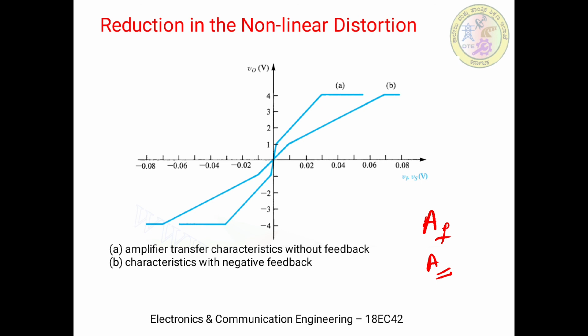Let us assume a feedback amplifier with a beta value of 0.01. In the first case, let us assume that our open loop gain is 1000.